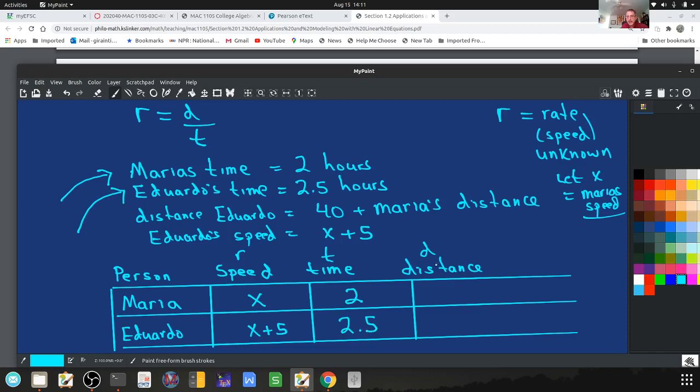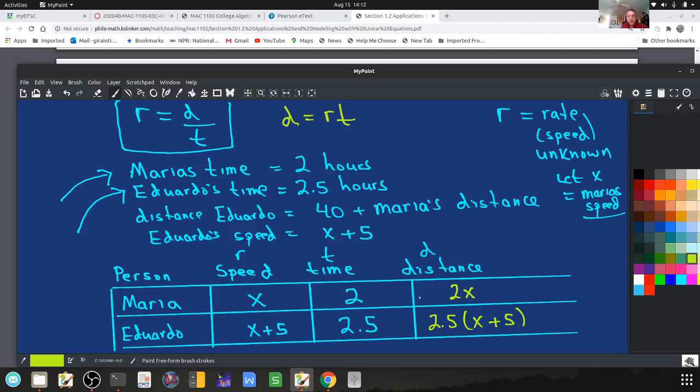So, can I calculate the distance if I know their speed and their time? Sure, right here's my guiding equation. In this case, distance is equal to r times t. So Maria's distance is 2x, and Eduardo's distance is 2.5 times x plus 5.